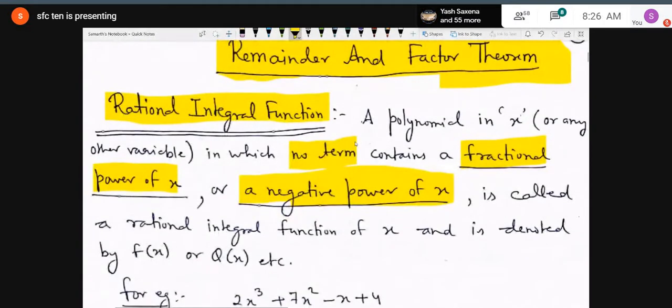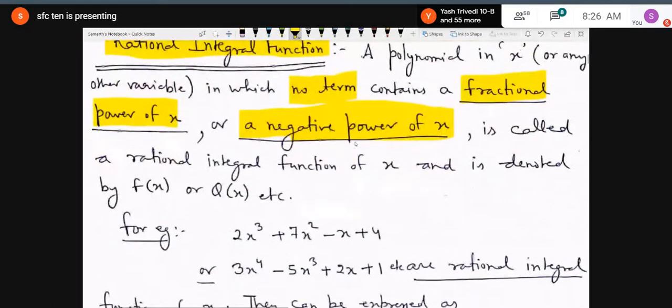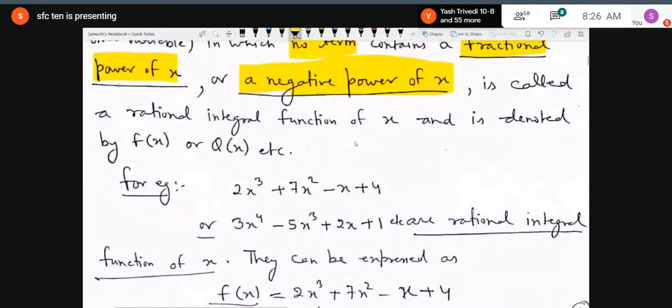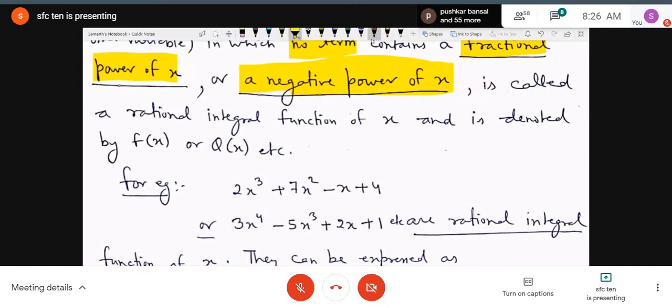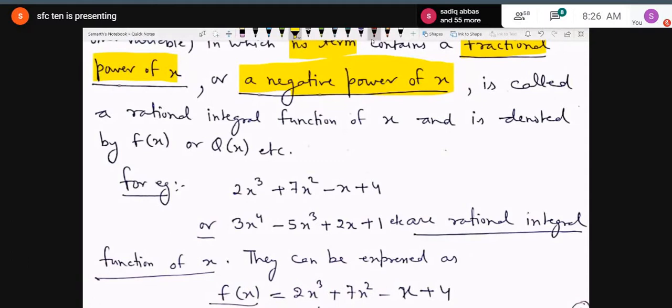Like if I write a polynomial, it is not an equation, it is a simple polynomial. So 2x cube plus 7x square minus x plus 4. What is the variable over here? x. Or I have written 3x raised to 4 minus 5x cube plus 2x plus 1. These two are examples of rational integral functions of x, because all the powers of x are positive.